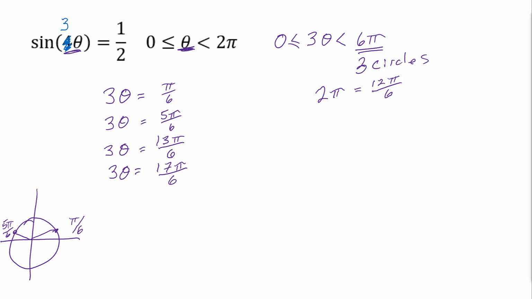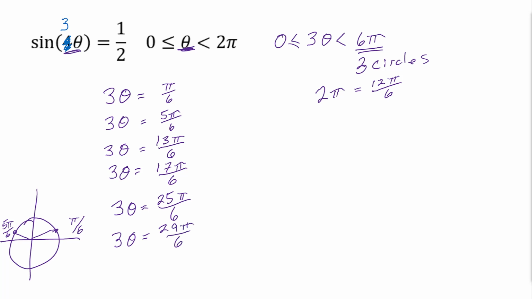That's 2 circles. I need one more, so adding 12 pi over 6 to 13 pi over 6 gives me 25 pi over 6, and adding another 12 pi over 6 to 17 pi over 6 gives me 29 pi over 6.